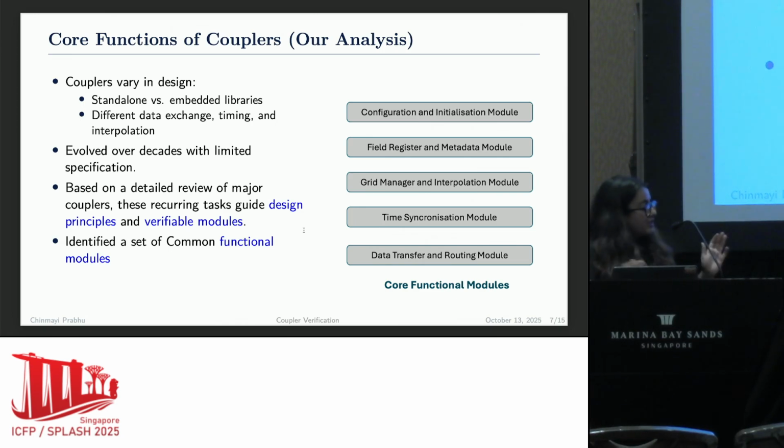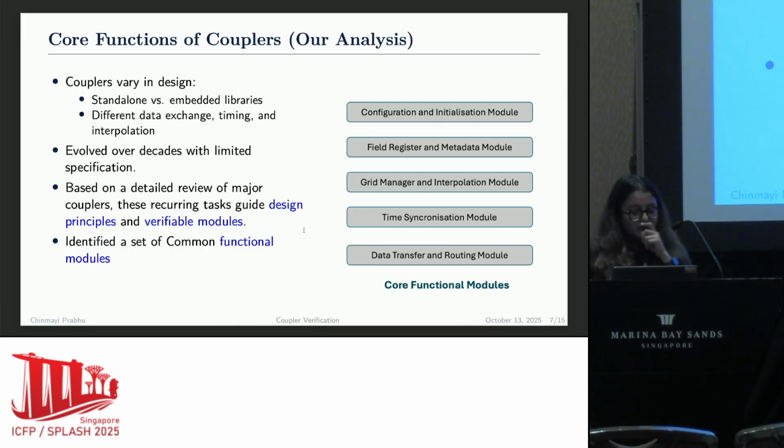And it has also evolved over decades with limited specification. We looked into a bunch of these couplers, and based on them, we identified some recurring tasks that could guide general design principles and verifiable modules for these couplers.